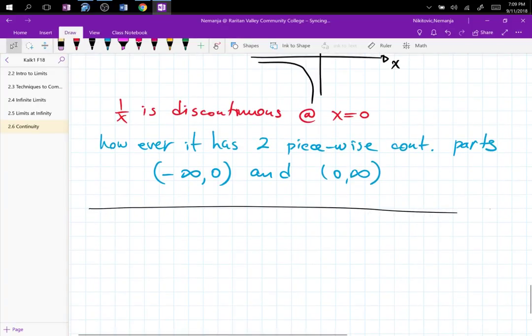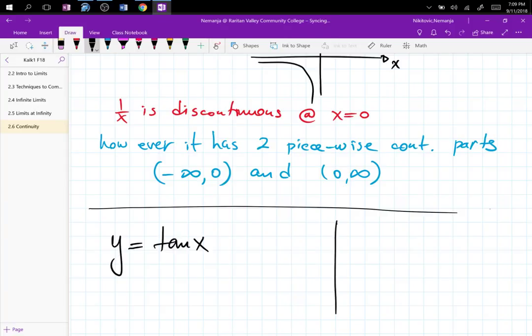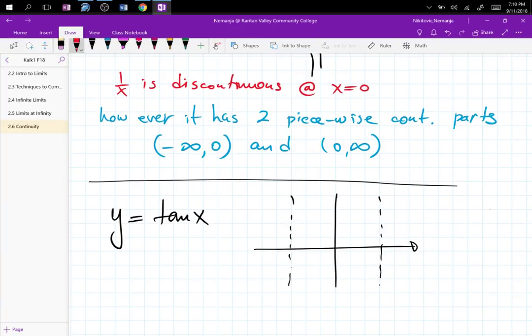So now, as another example, y equals tangent x. And if I draw these vertical asymptotes and I hit the function through, that's continuous, right? But it's piecewise continuous.